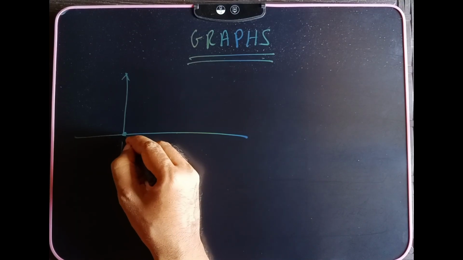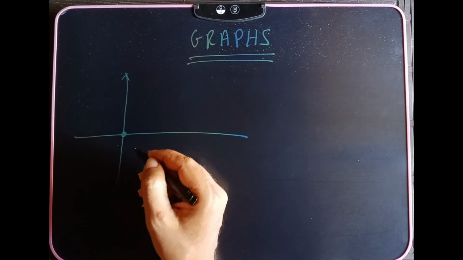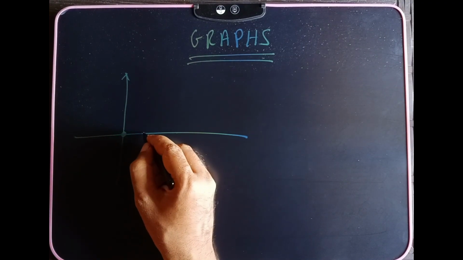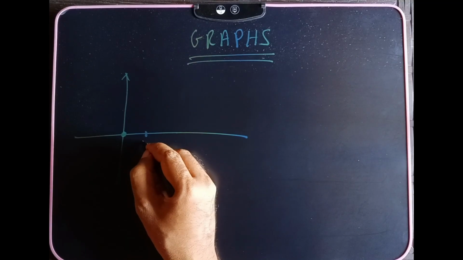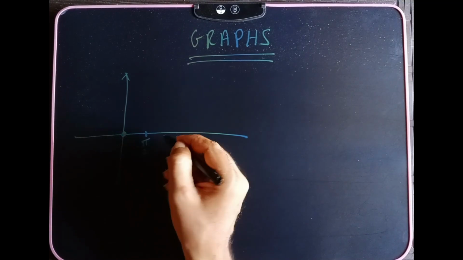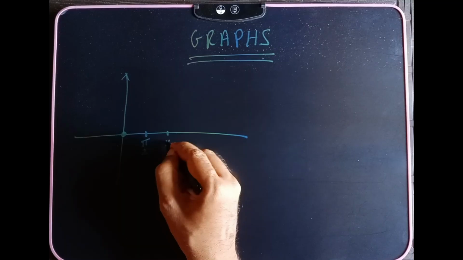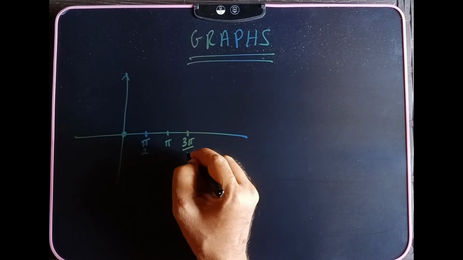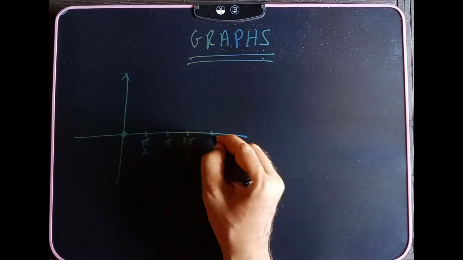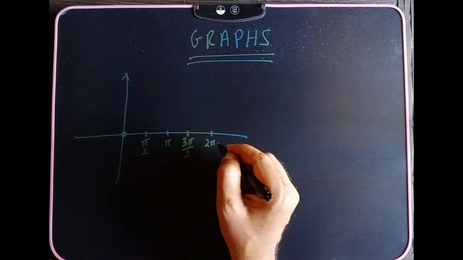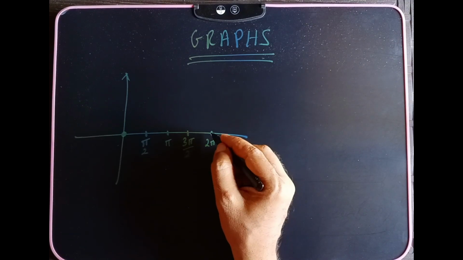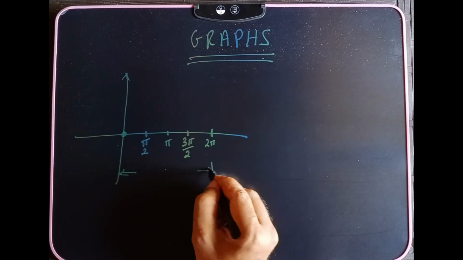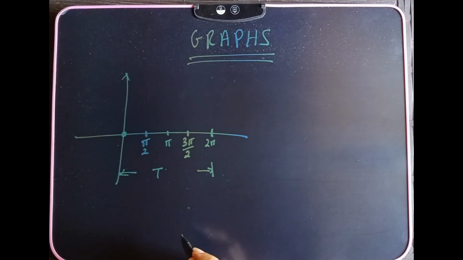We know sine of 0 is 0, right? And the full cycle is at 2 pi. So I will take this middle as pi by 2, then pi is 180. This one will be 3 pi by 2, this is 270 degrees, and this is 2 pi, radians. So this is the full cycle, called a full time period.